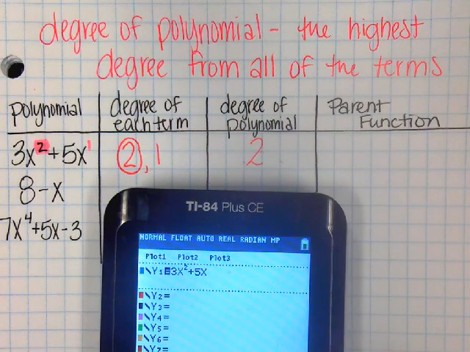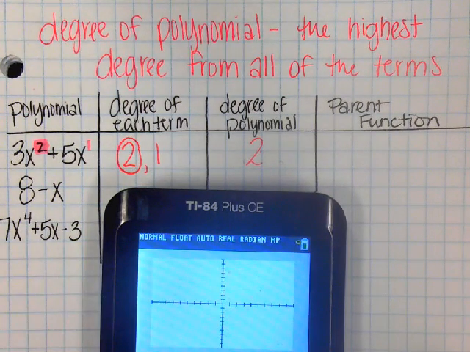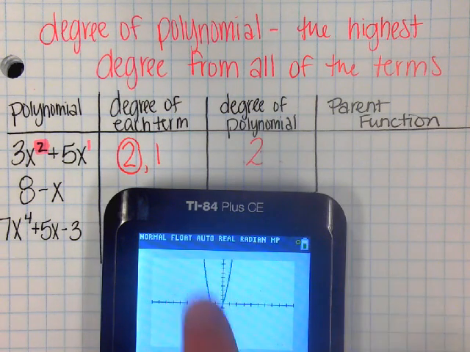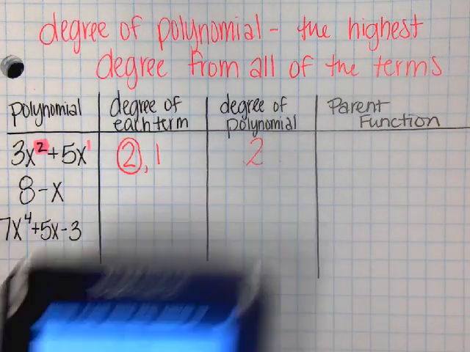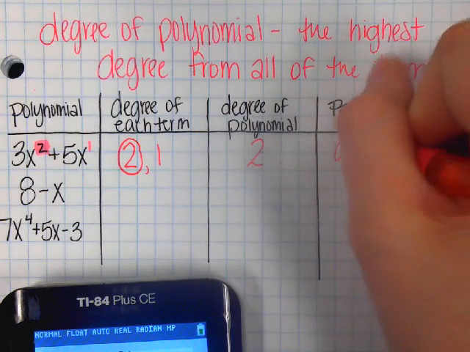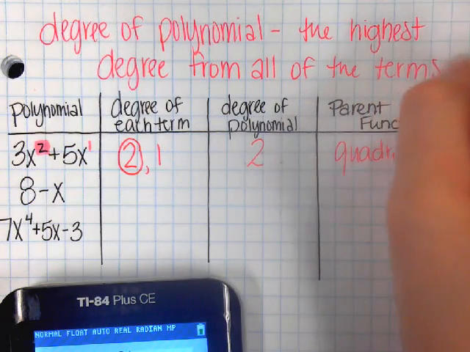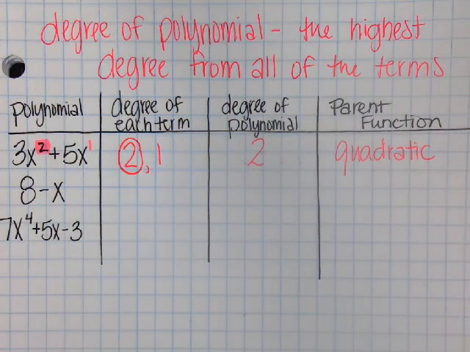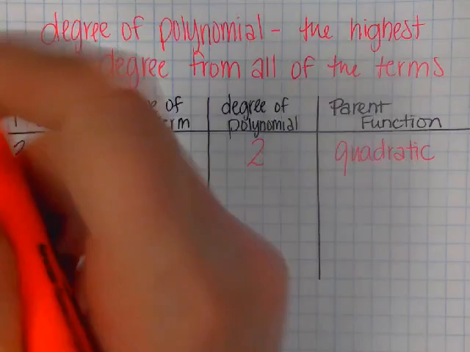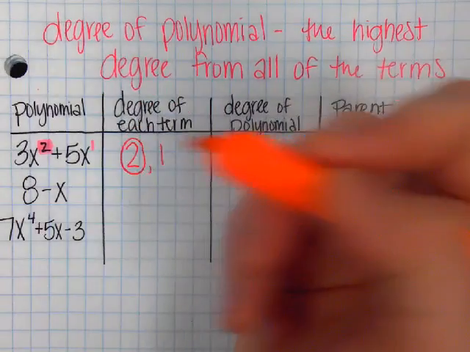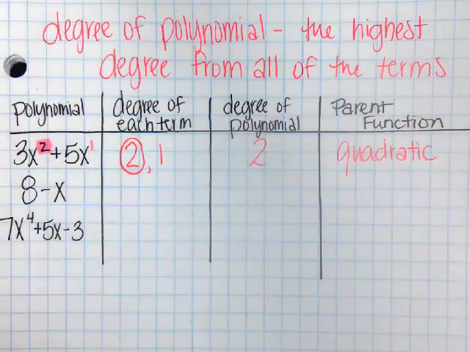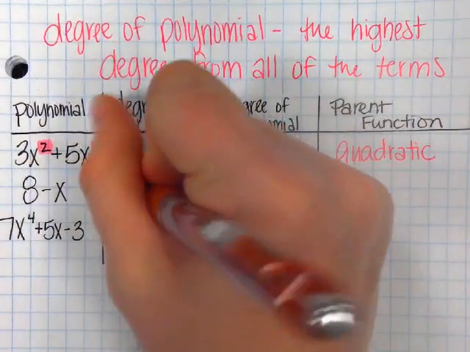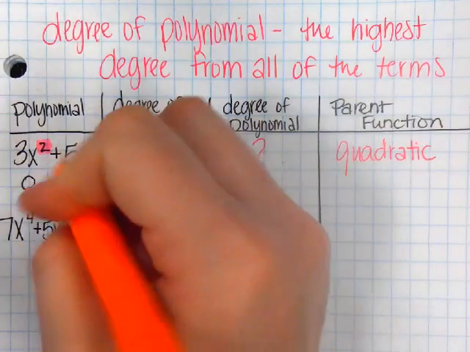So if I have 3x squared plus 5x, if you hit graph on that, notice it makes that parabola, so then the parent function is quadratic. Okay, the next one, 8 doesn't have a variable, so it would just be 0.